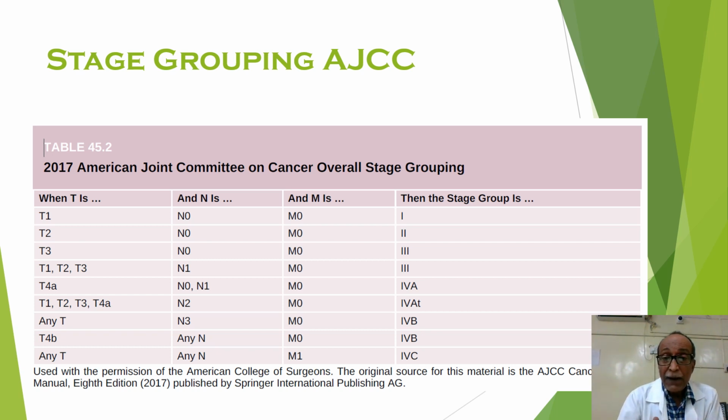So, to sum up, head and neck cancers are classified by the TNM classification given by AJCC. It is T factor, N factor, M factor. They are measured and a grouping is made which is called the stage, and the treatment is planned accordingly.